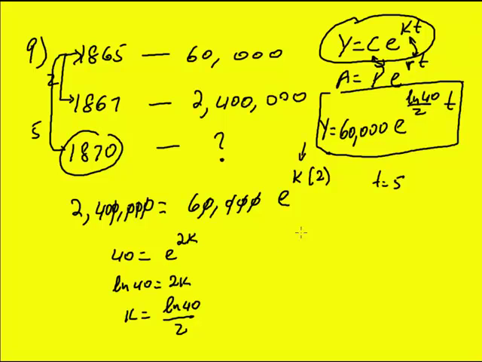So we're going to substitute that in. We're going to have y is equal to 60,000 e to the (ln of 40 over 2) times 5.